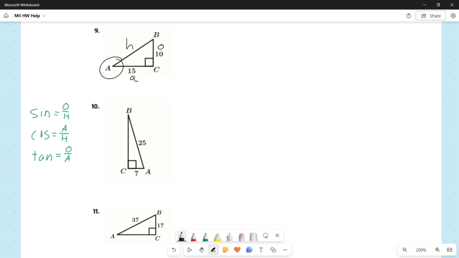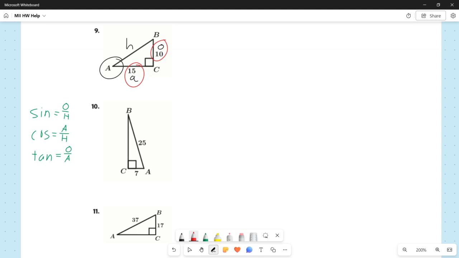In this situation, when you want to know the measure of an angle and you only know two sides, you want to use the trig function that connects the two values that you know. So we know 10, which is opposite, and we also know 15, which is adjacent.